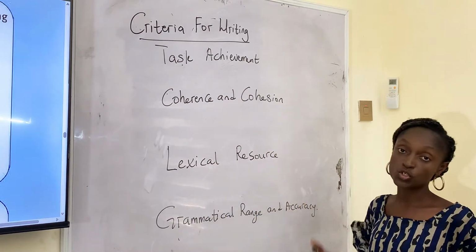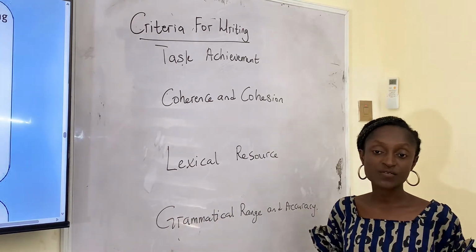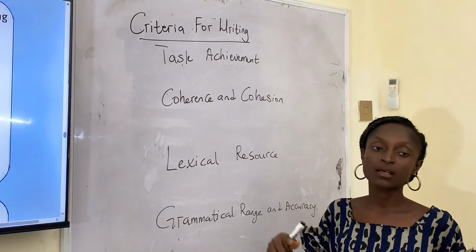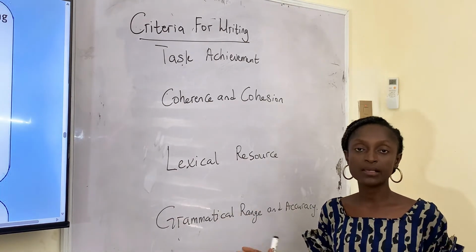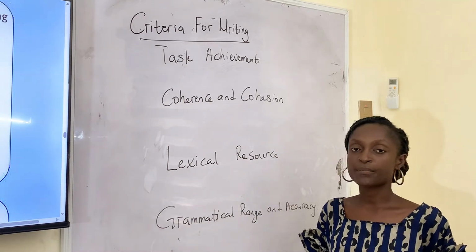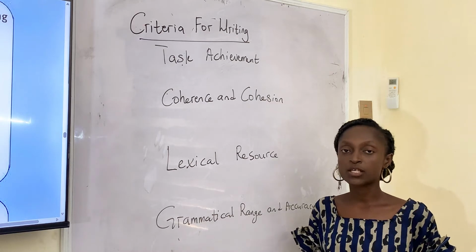Now, the next one is cohesion. Cohesion simply means the arrangement of sentences within the paragraph. There is a particular order that our sentences are expected to follow.